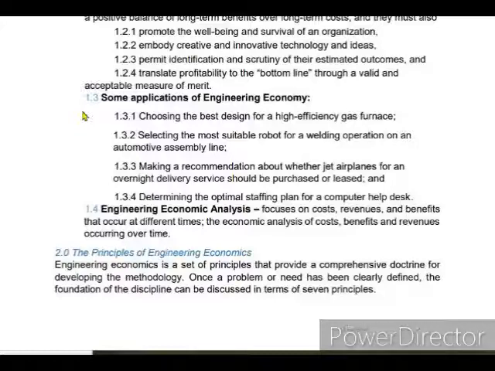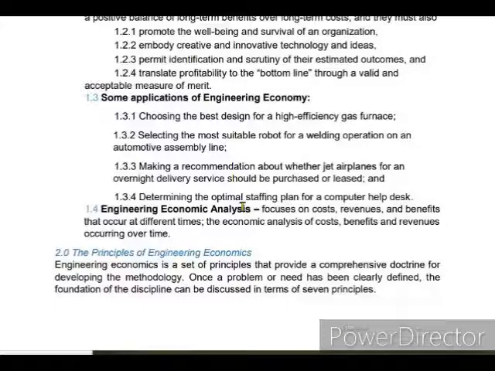Okay, if you belong to an industry wherein you are buying jet airplanes, okay, for transportation purposes. So you know what is more economical to do, if purchasing or just leasing, okay, or renting.